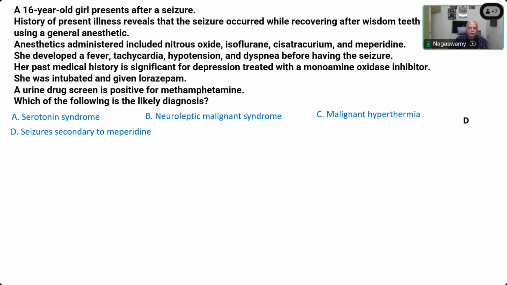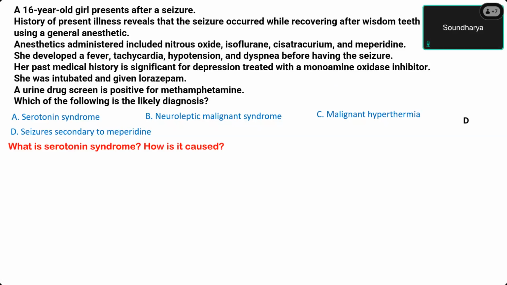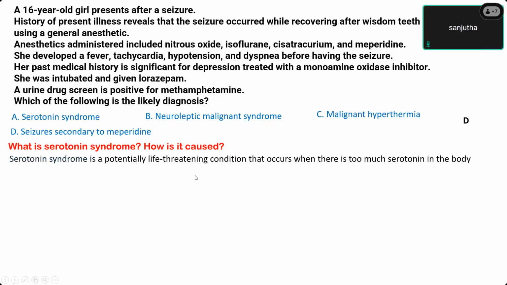So what is serotonin syndrome and how is it caused? Due to drug interaction, drugs that act on MAO inhibitors, all psychiatric drugs used like SSRIs.